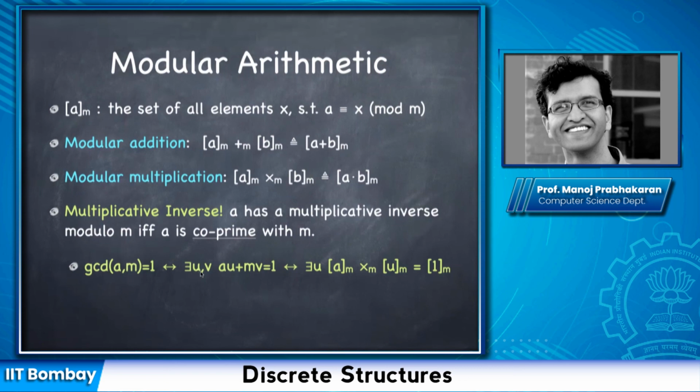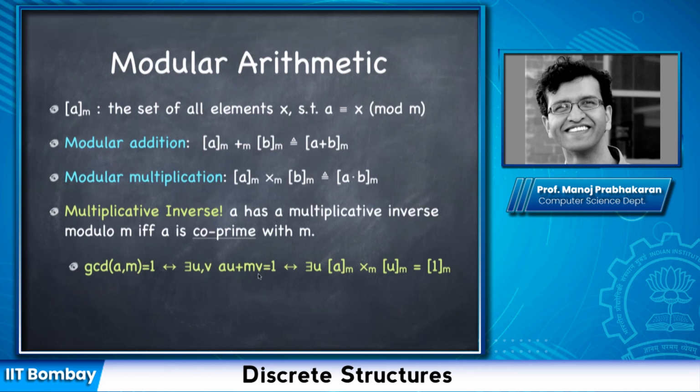It said that the GCD of two numbers can be written as: there exist integers u and v such that au plus mv is the GCD.